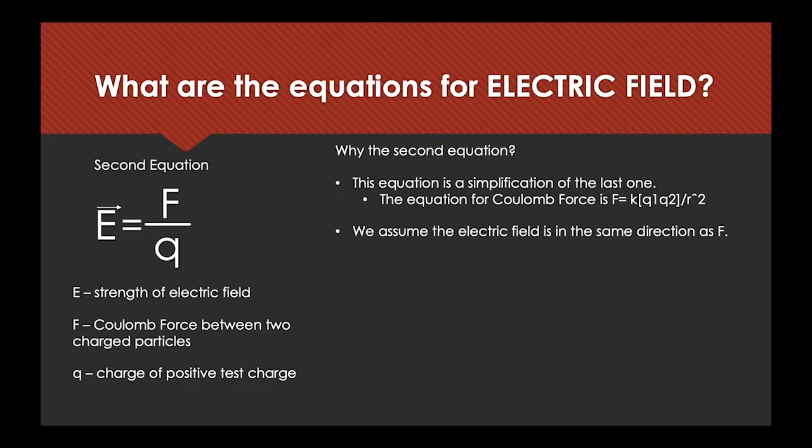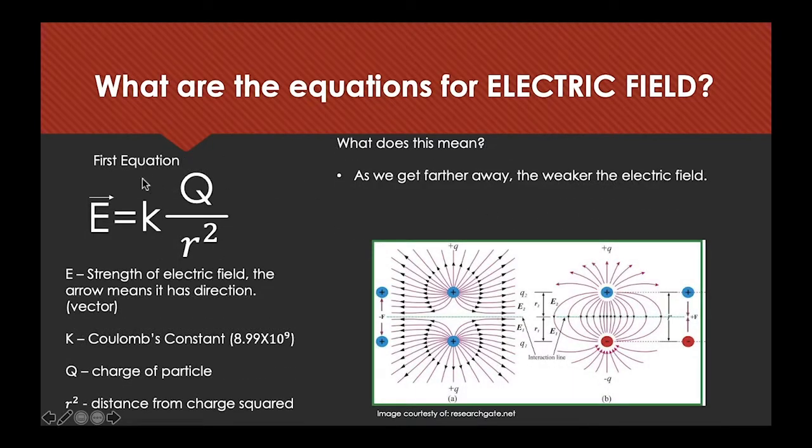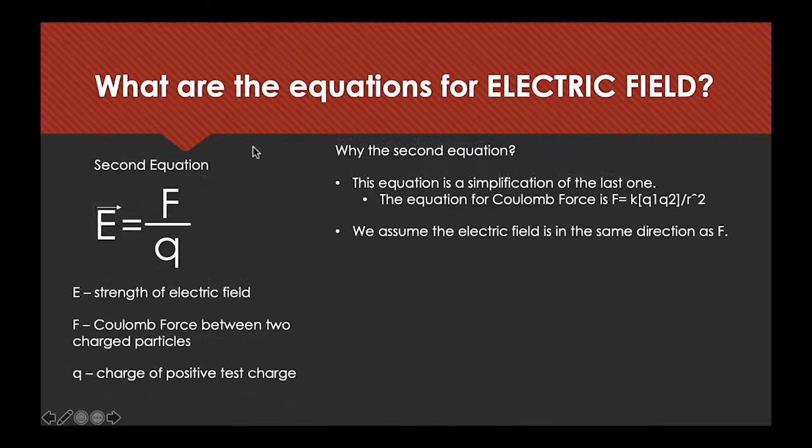Then the second equation simplifies that for us. If you plug in Coulomb's force here to this force right here, one of the charges cancels out and you actually get this equation right here. So this makes it a little easier to understand.